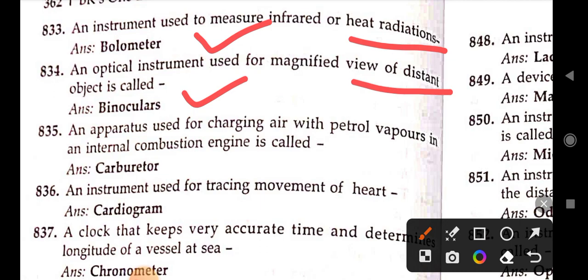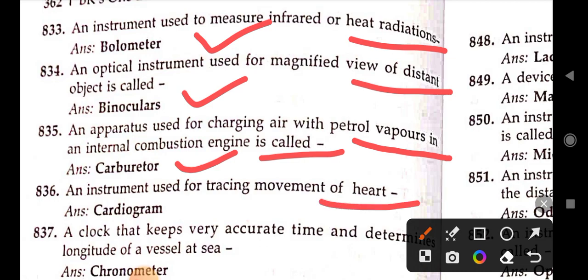An apparatus used for charging air with petrol vapors in an internal combustion engine is called a carburetor. An instrument used for tracing the movement of the heart is a cardiograph.